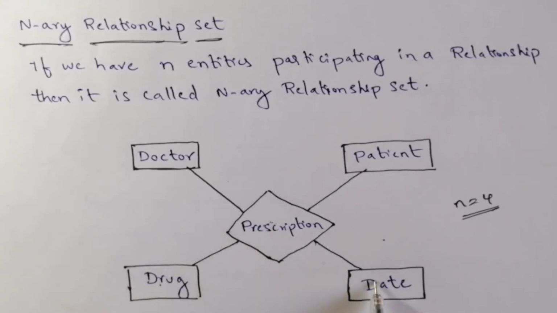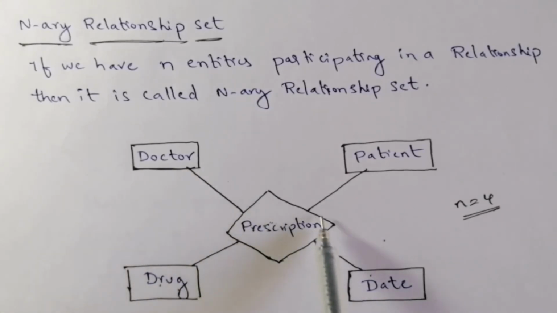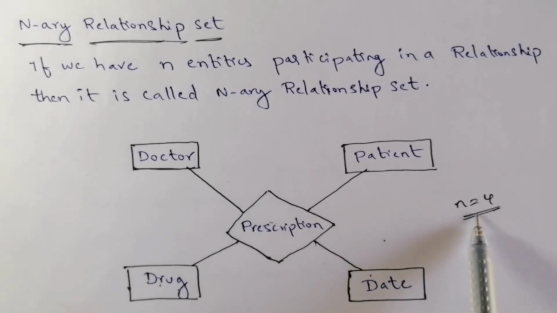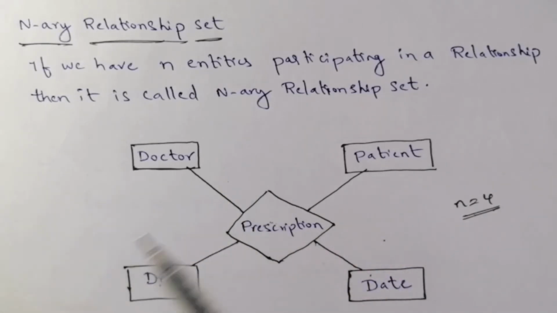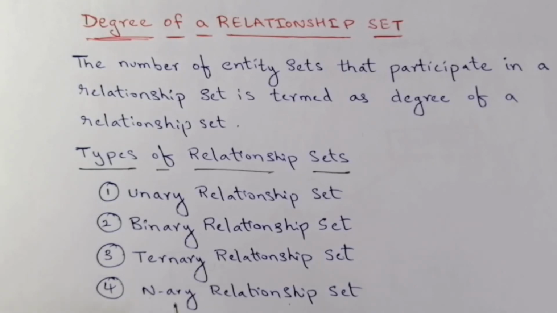Here the date is an entity, the patient is an entity, the doctor is an entity and drug is also an entity. Now the prescription is a relationship which joins all these four. This is a case where n equals 4, and we can have many such relations. Altogether we name them the n-ary relationship set. So we have studied the n-ary relationship set.